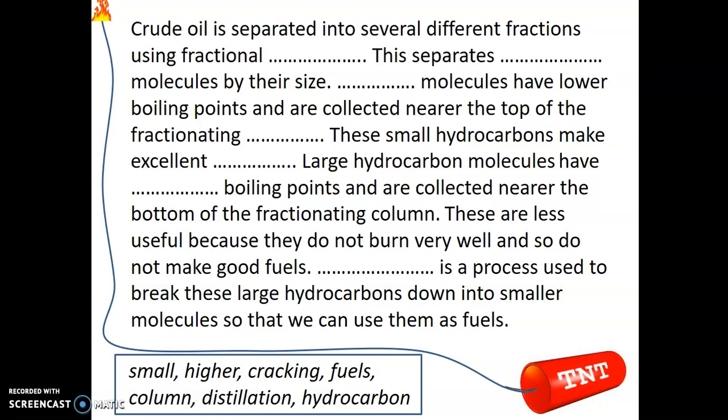These small hydrocarbons make excellent fuels. Large hydrocarbon molecules have higher boiling points and are collected nearer the bottom of the fractionating column. These are less useful because they do not burn very well and so do not make good fuels. Cracking is a process used to break these large hydrocarbons down into smaller molecules so that we can use them as fuels.